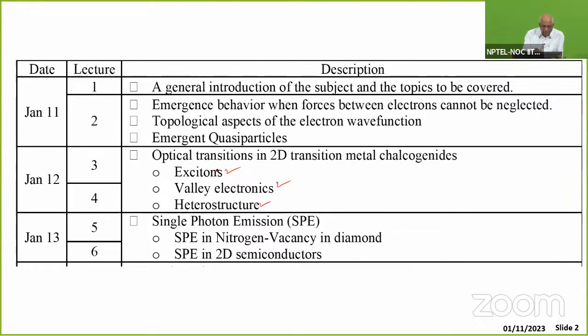In case I'm not able to cover everything in this class, it may spill over into the class on Friday. And the Friday class will be single photon emission, nitrogen vacancy in diamond, and other 2D semiconductors. But here I will be discussing photon statistics.